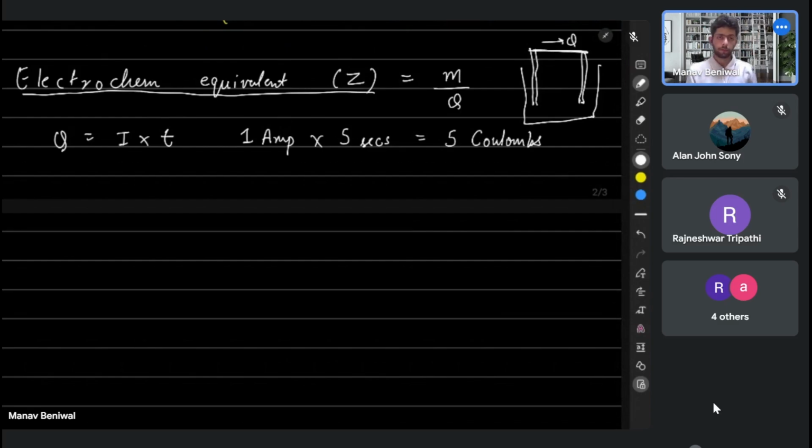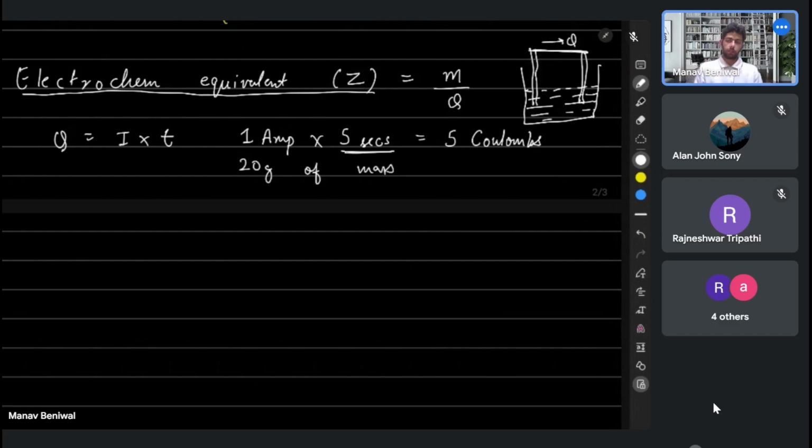Now you can take any arbitrary solution. We do not know what solution is this where we have put our electrodes. Then what you observe experimentally is that some mass, let's say 20 grams, just any random number, 20 grams of mass has been deposited in this 5 seconds.